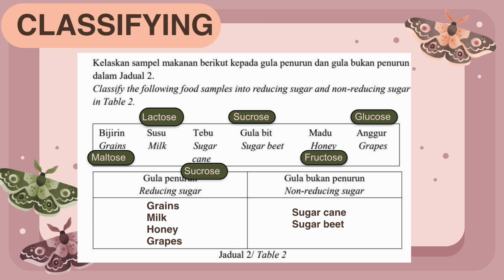As you can remember, all the monosaccharides and disaccharides except for sucrose are reducing sugar. So we can put grains, milk, honey and grapes under reducing sugar and sugarcane and sugar beet under non-reducing sugar.